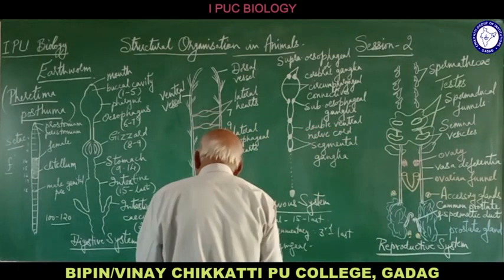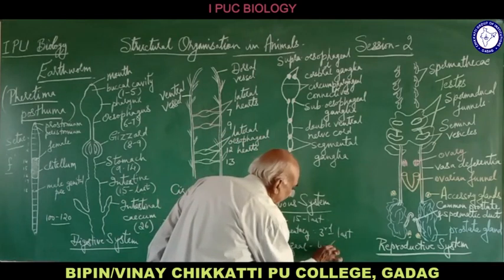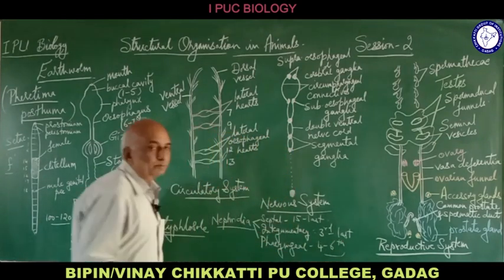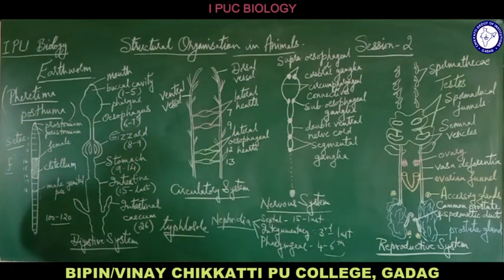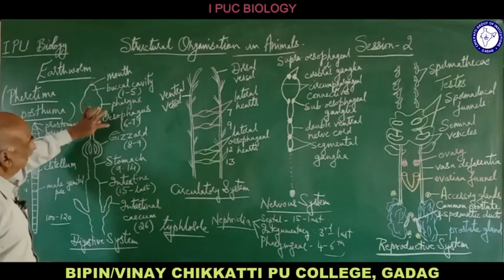But the pharyngeal nephridia are very few. From the 4th to the 6th segment they are present only in the pharynx region, that means a part of the buccal cavity and esophagus.